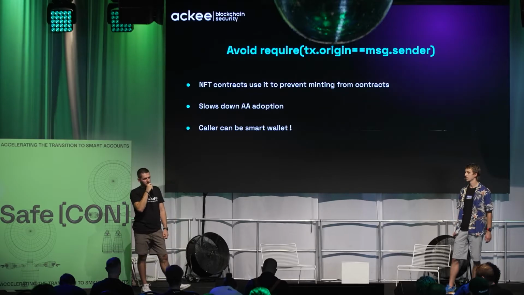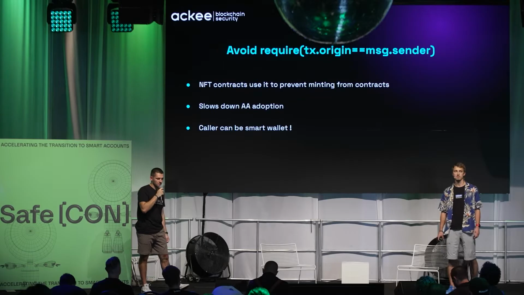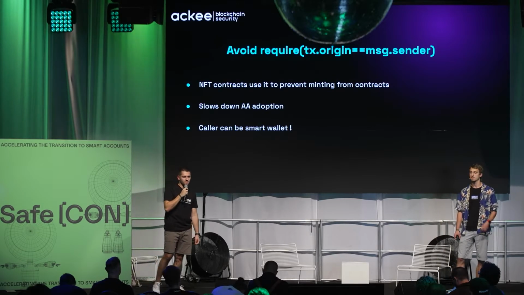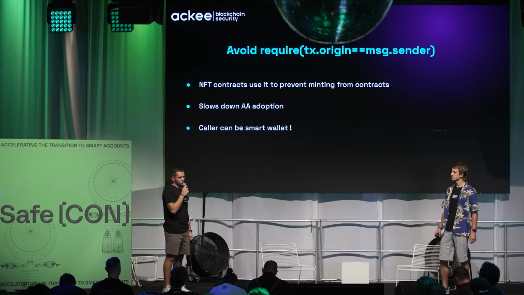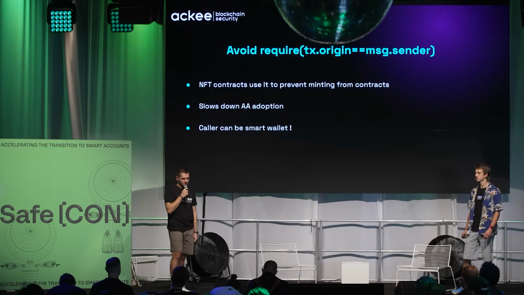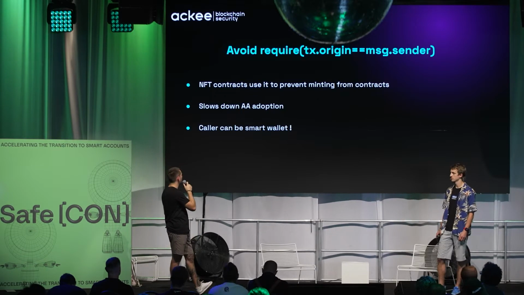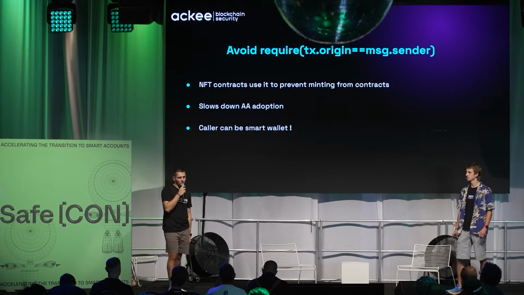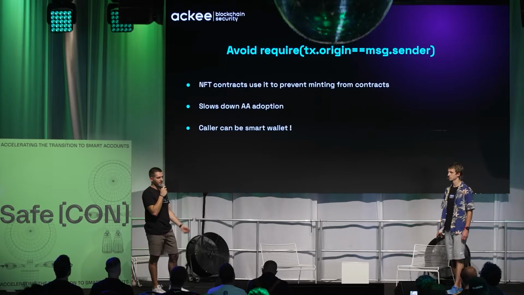OK, the next one, tx.origin. A lot of developers are trying to avoid this pattern, but it's still quite heavily used, especially inside NFT projects, because they want to check that no bots are going to mint the NFTs. But tx.origin can slow down account abstraction adoption a lot, because the caller can be a smart wallet, not just an externally owned account.